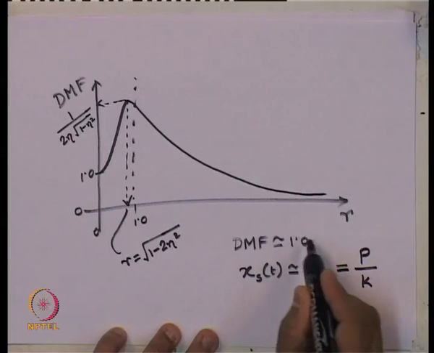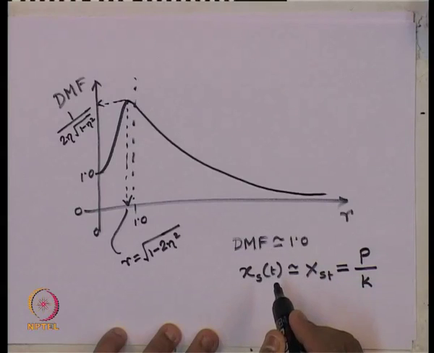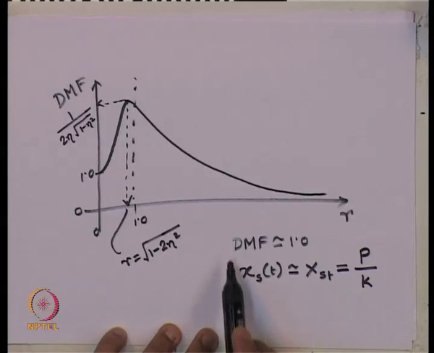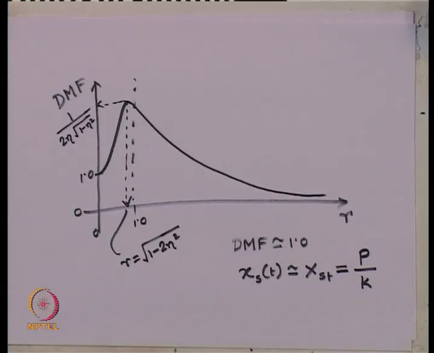This value of DMF very close to 1 is dominated or affected by the stiffness.